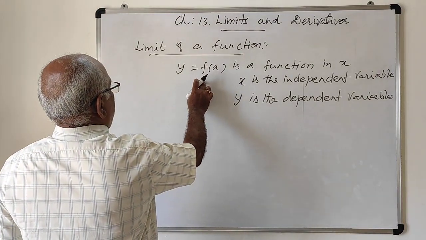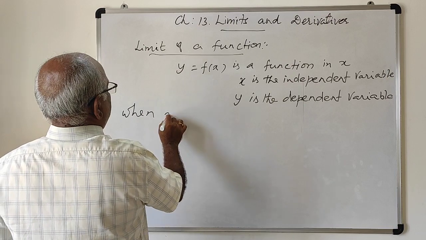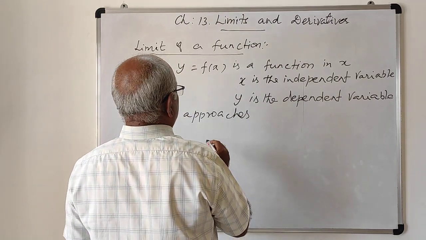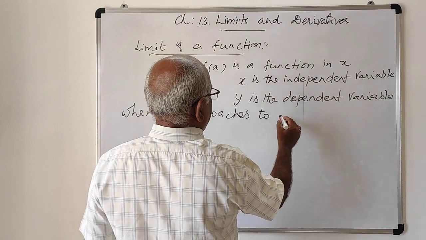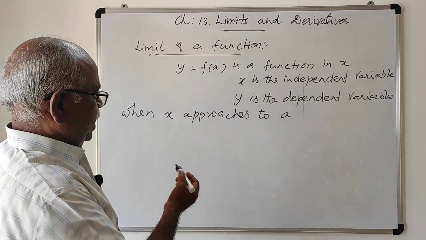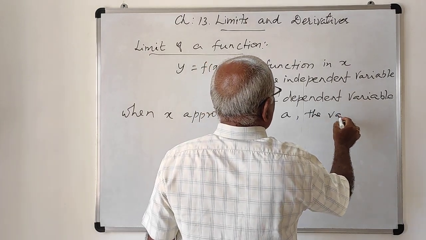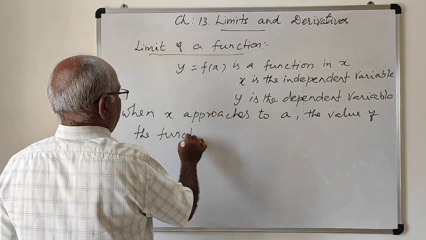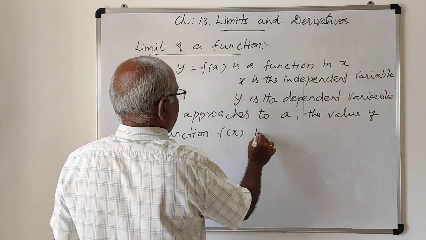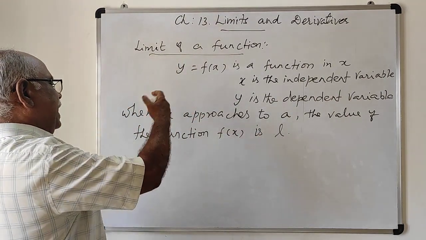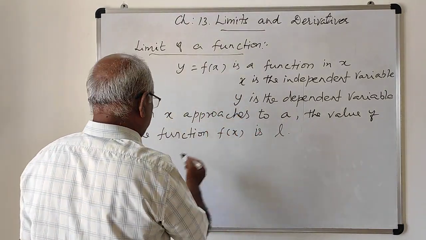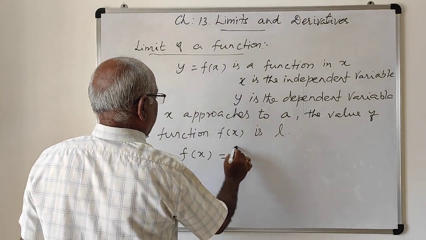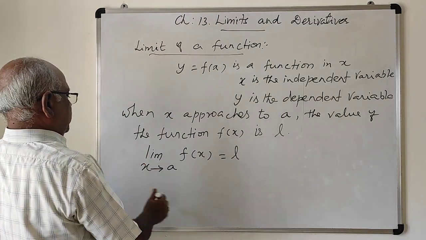See, when x approaches a, the value of the function f of x is L. As x approaches a, the value of the function f of x is L. It is defined by limit x tends to a, f of x equal to L. This is the definition of a limit.